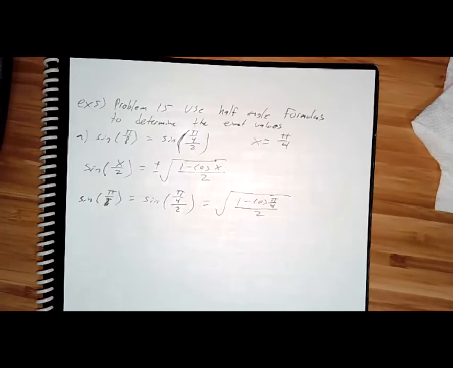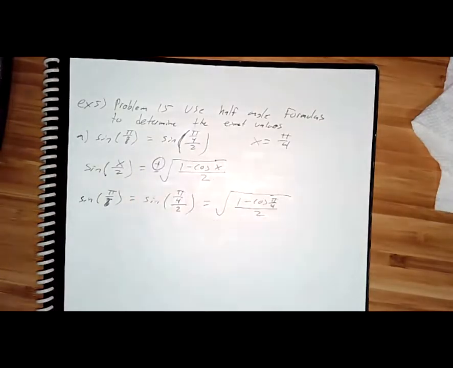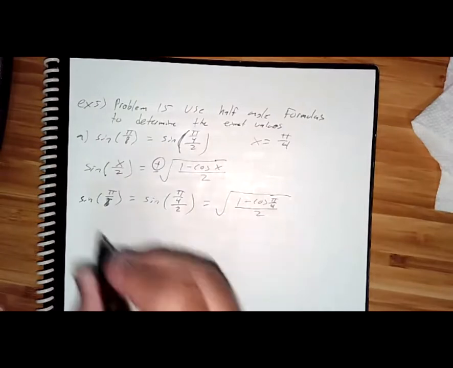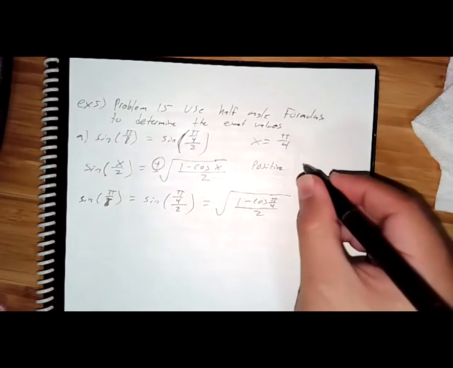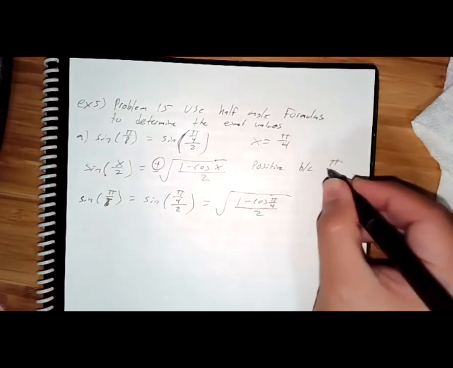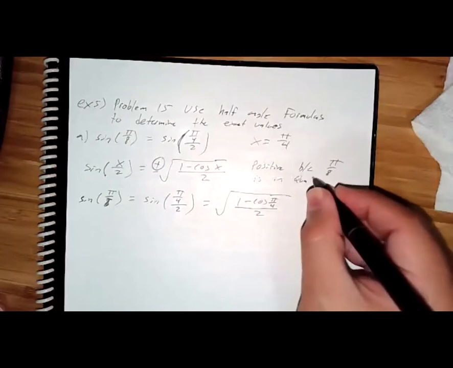Does that make sense? Yeah, I'm just writing it down. And we'll circle the plus because that's what we chose, positive because pi over 8 is in quadrant 1.